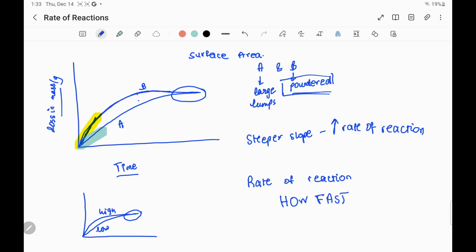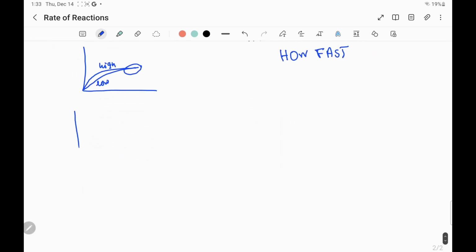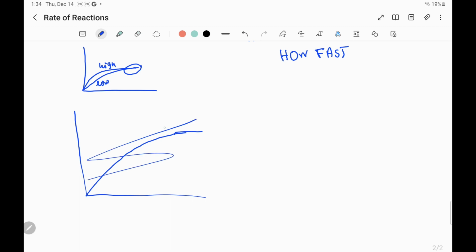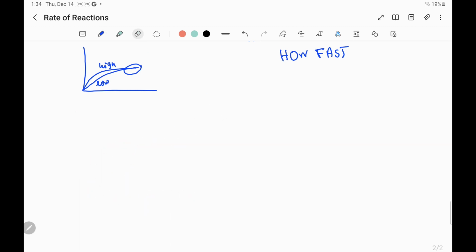So again, you need to be able to interpret the graph. I'm going to do it one last time with only one so you guys can know it properly. Here you have a reaction. Guys, here it becomes horizontal, okay?